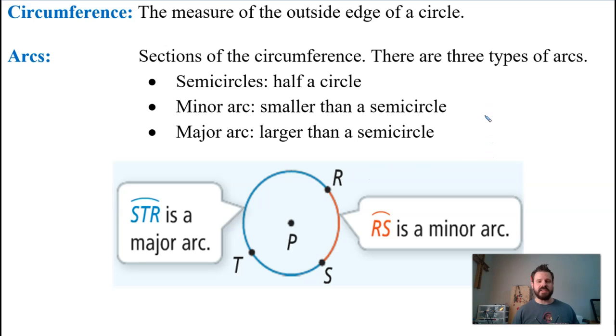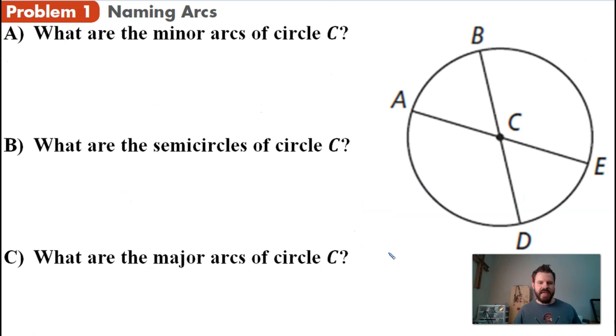And then we'll use that to divide the rest of our types of arcs. Minor arcs are arcs that are smaller than a semicircle. So we can say that RS is a minor arc, and major arcs are larger than a semicircle. We could say that arc STR, all the way here, is a major arc. And that's where we're going to start today, naming arcs.